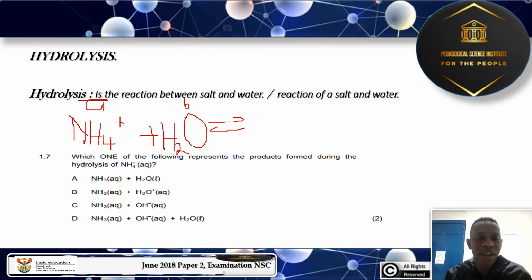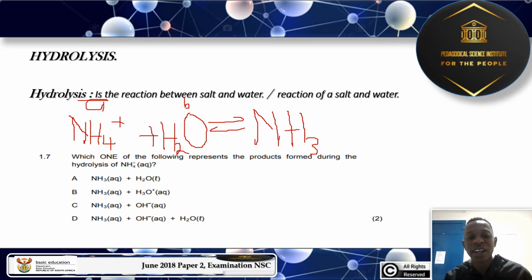Now it's very simple. As this is an acid and this is a base, acid, what do they do? They donate. Donate what? Hydrogen. So on the other hand, we are going to have NH3, because here it was plus, now we are going to have 0, because 1 minus 1 is 0. So this is a base.